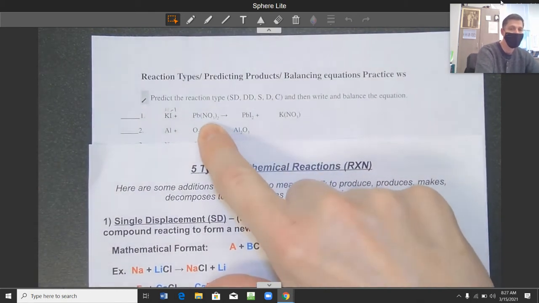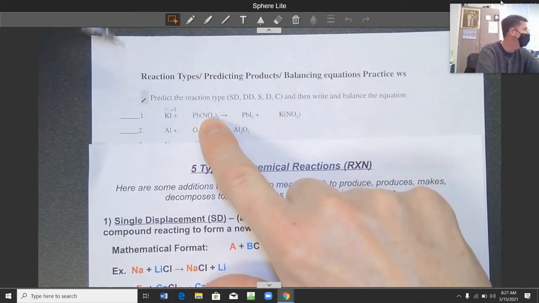Okay, so if we look at this one, Pb is a what? It's got one capital, right? So that makes it an element on the periodic table.